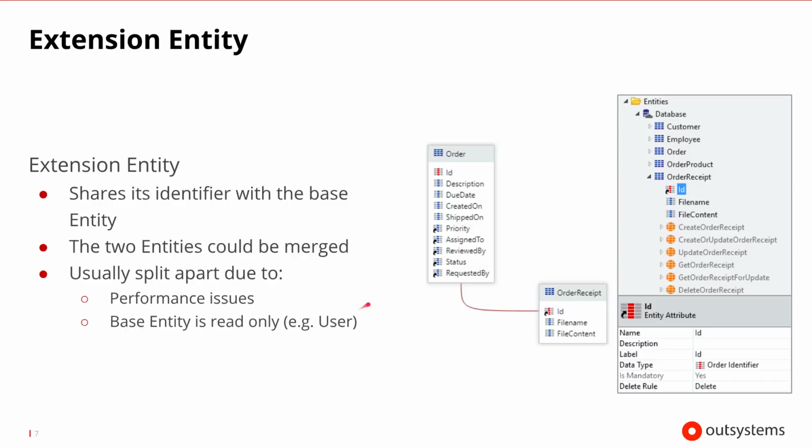So we're not going to allow any updates to one part, and if we do want to assign and change other attributes, we would put them in the extension. So in this particular case, order and order receipt, the receipt may have a file name and it may actually be a picture. And that would make the order work a little bit slower if we're trying to sort over large amounts of information. So we can go ahead and split that out in a separate entity.